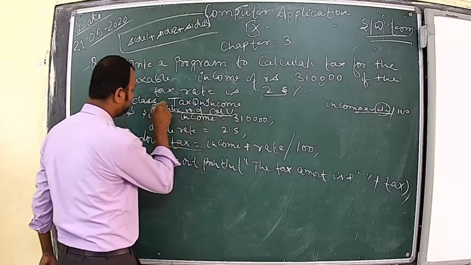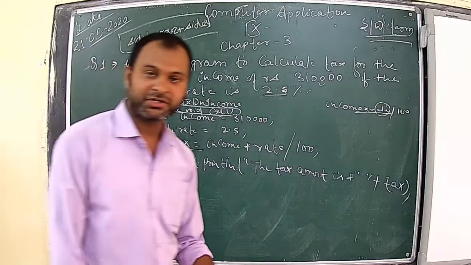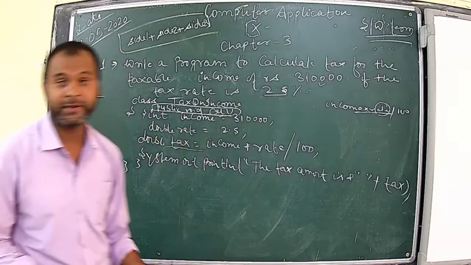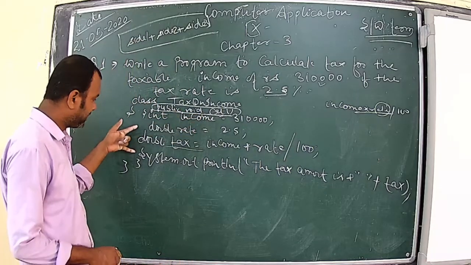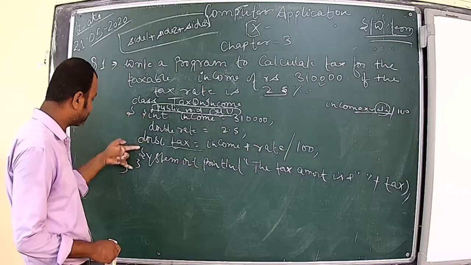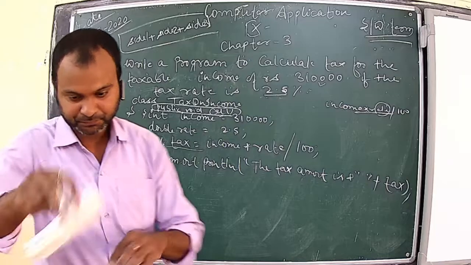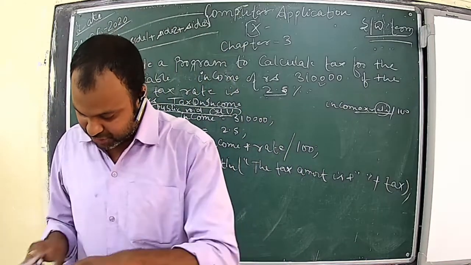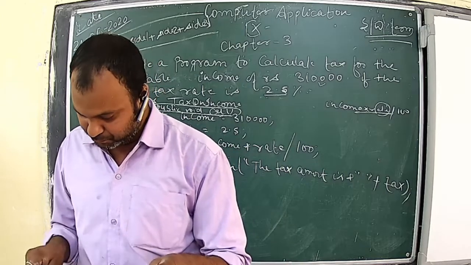Once again I repeat, to do any kind of operation, a method is very important, because operations can be performed only using a method. So the method, and then we have calculated the tax, and then we have printed, and then the method is closed, and then the class is closed. So this is how we can calculate the tax amount.